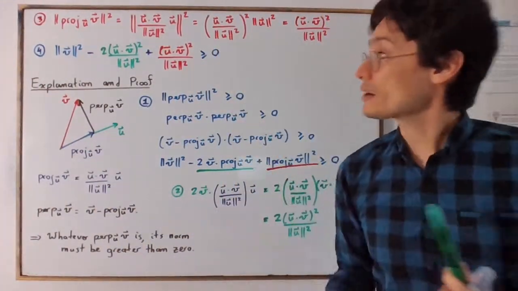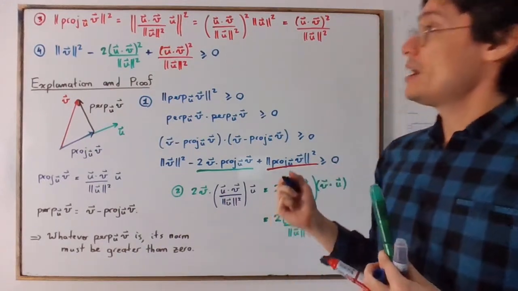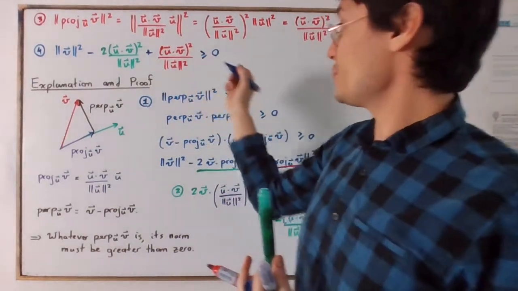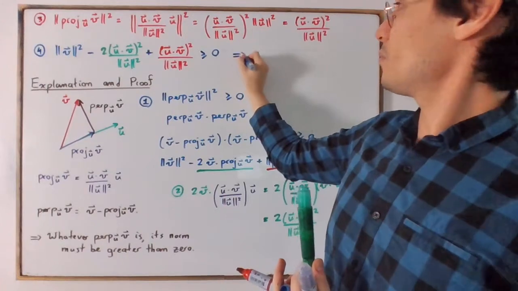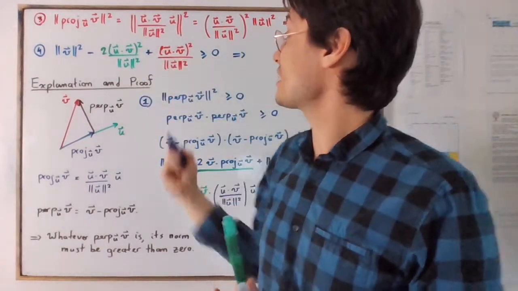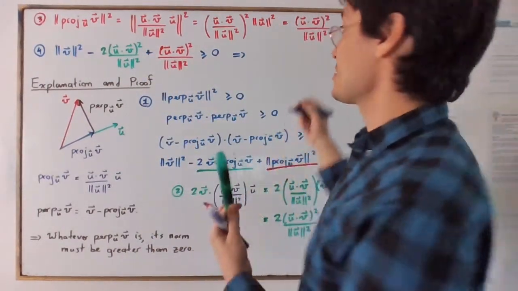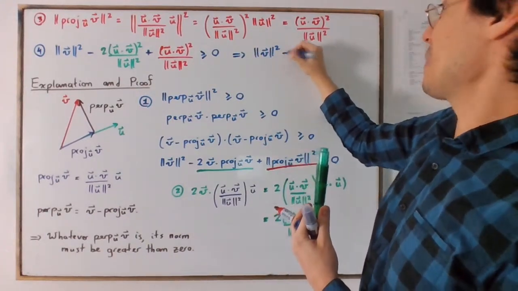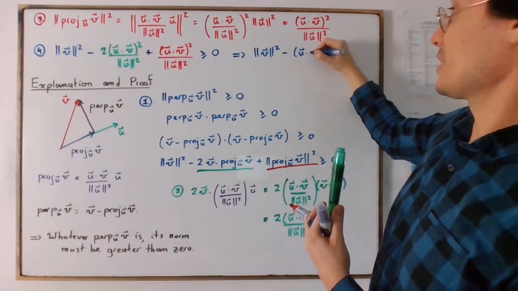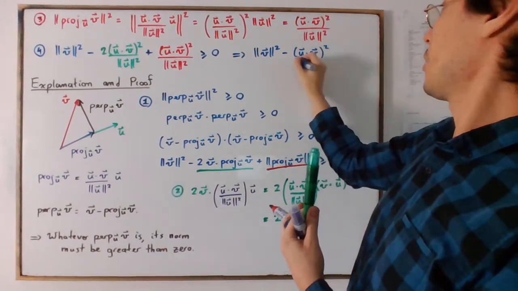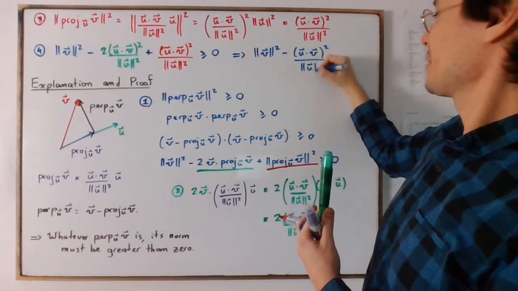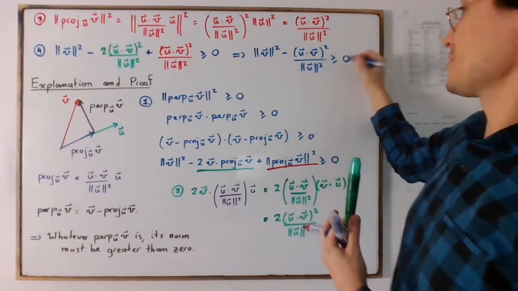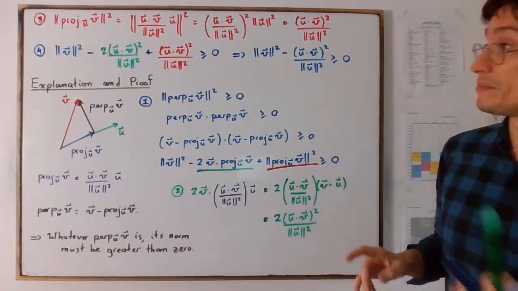So then we will start moving things around, okay? And actually, before we do this, let's combine this with this, because as you can see, it's the exact same thing. So we finally get that v squared minus u dot v squared over u squared is greater or equal to 0. And as you can see, we're almost done.